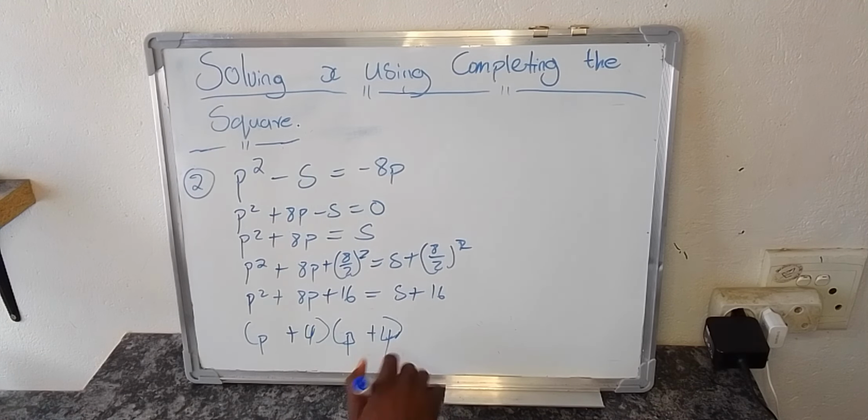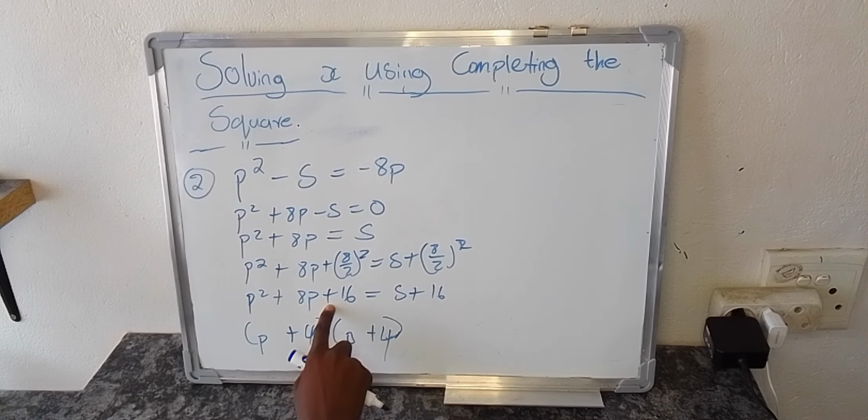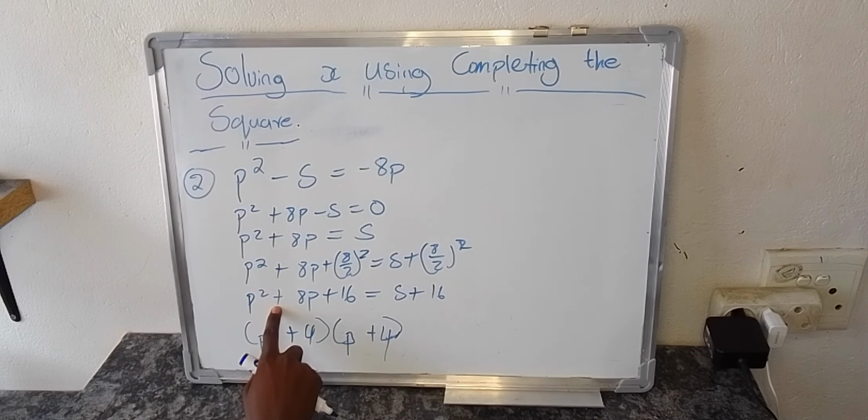You see, so how did we get these signs? We got them from here. This positive sign states that both signs of the brackets will be the same as the middle sign, the one that is between p squared and 8p.